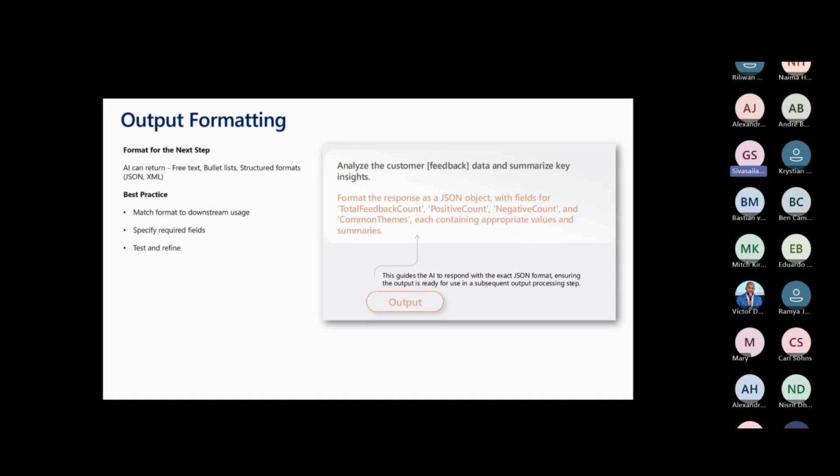In this example, it talks about formatting the response as a JSON object. It's also giving specific cues around the fields it needs as part of the output. So this guides your AI to respond in that exact format and ensures the output includes those specific fields as part of the processing step.